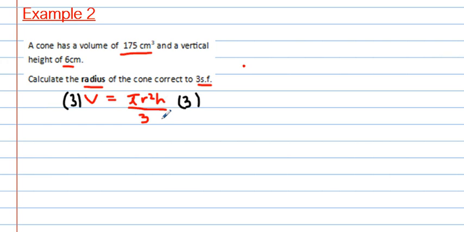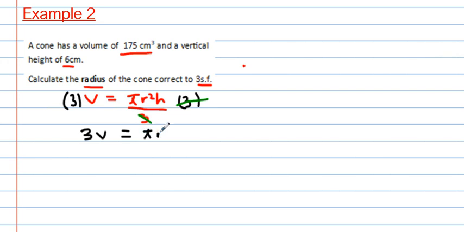Okay. Now I'll tidy up. We cancel this 3. That's the whole point of multiplying it by 3 in the first place. Okay, so now I tidy up, I will have 3v equals pi r squared h.